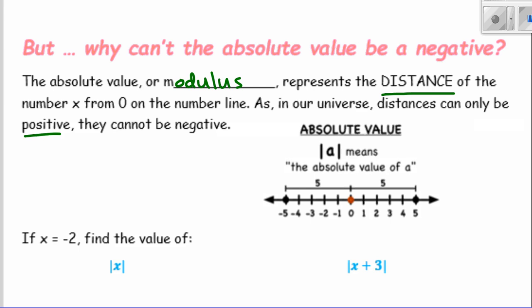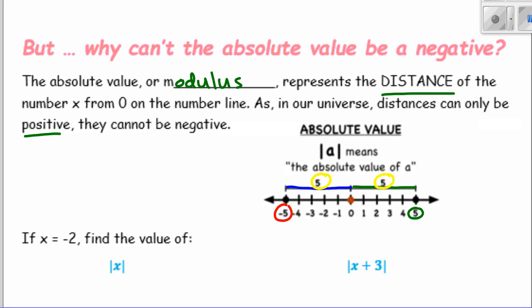Here's a little example, the number 5. The absolute value is saying how far is the number 5 from 0? The answer is 5. Similarly, negative 5, how far from 0 is negative 5? It's an answer of 5. So the absolute value of negative 5 and positive 5 is 5.